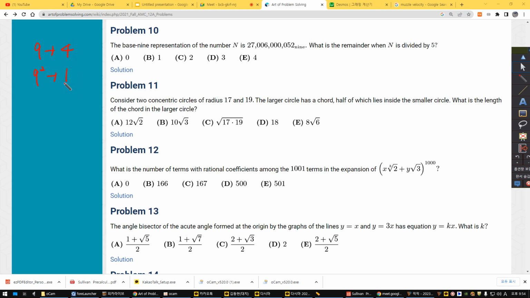So the odd power makes the remainder 4, and the even power makes the remainder 1. So the remainder will include this 2. And because this is 5, 5 times 9 is a multiple of 5, so we don't have to think of 5. That's 0. So like this, odd, even, it alternates like this.